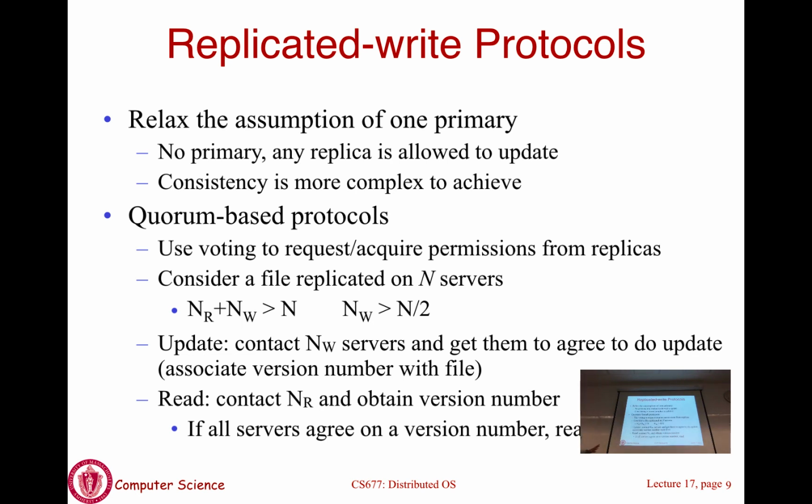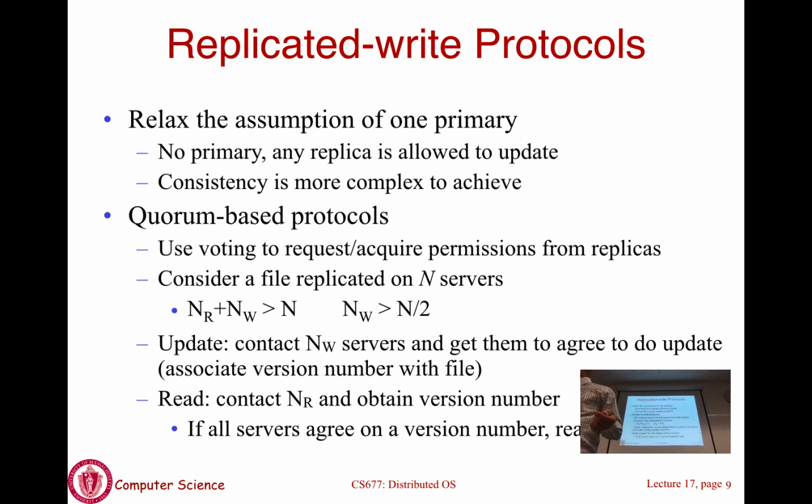We will assume that a file has a version number. Every time you update a file or you save the file, the version number is incremented. The highest version number of a particular file across the system is the most up to date. Ideally, you want every replica to have the file with the highest version number.